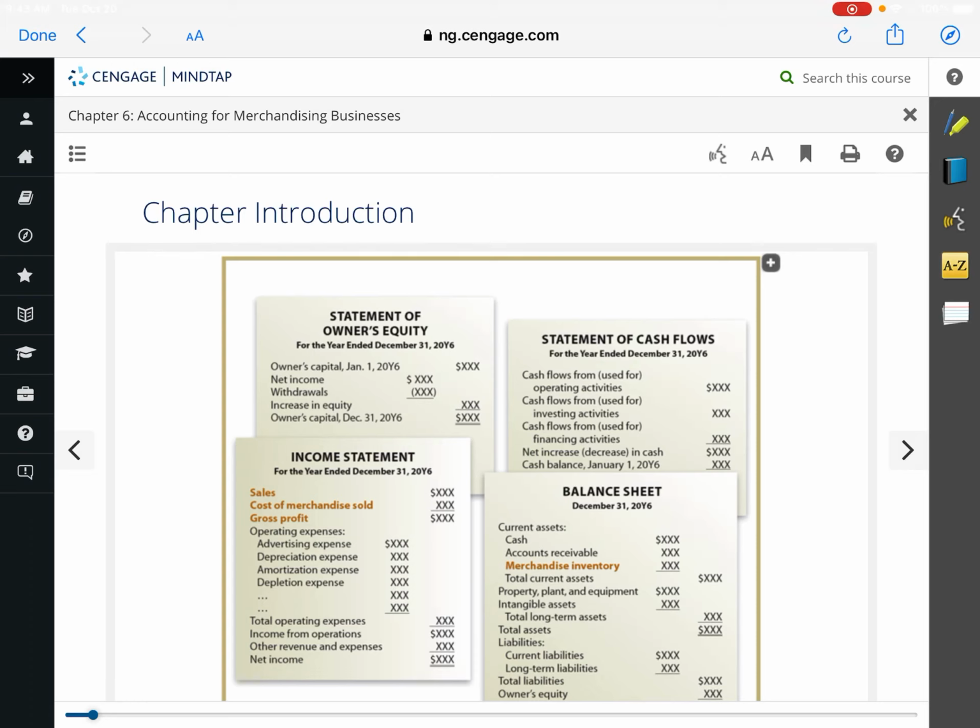So we're only going to look at the first 2 objectives in this chapter. Now, why are we only looking at the first 2 objectives? The book goes into a lot of detail about returns, specific types of returns, inventory shrinkage, things like that.